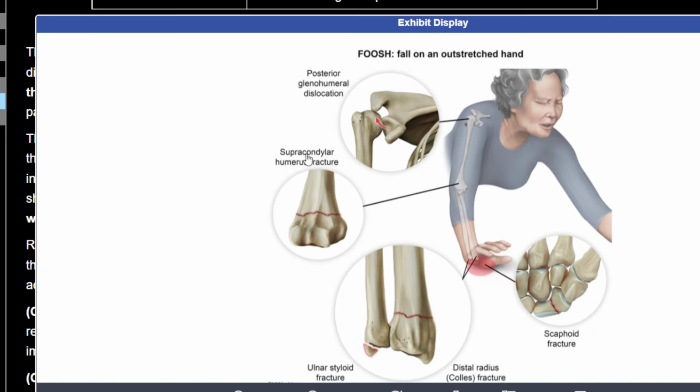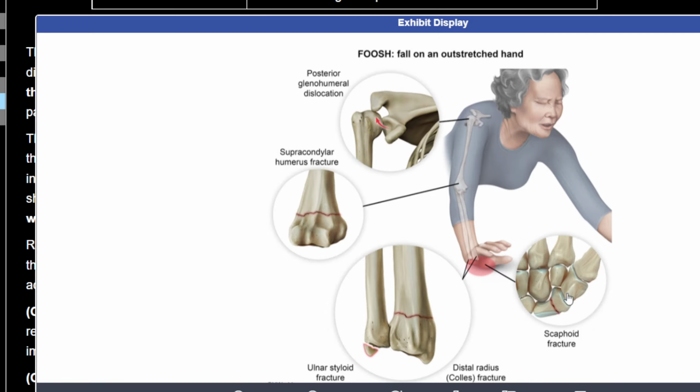Supracondylar humerus fracture happens here, when you go with your arm straight like that. Ulnar styloid fracture. Okay, scaphoid fracture too. Remember, when a scaphoid fracture happens, we have avascular necrosis because the circulation of this bone is retrograde.